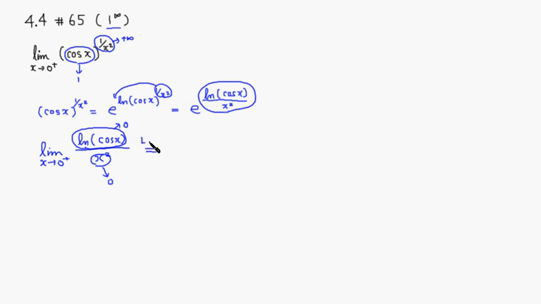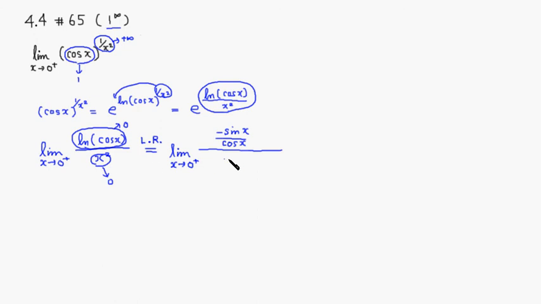So L'Hopital's rule: you still have the limit as x approaches 0 from the positive side. If you take the derivative of the top, you get 1 over cosine of x, times the derivative of cosine, which is negative sine of x.